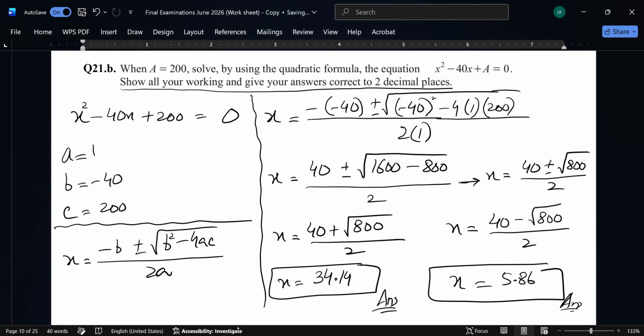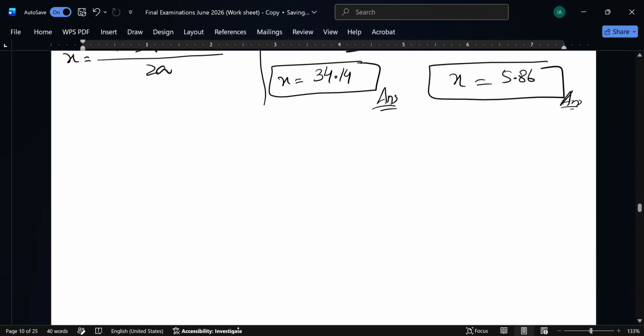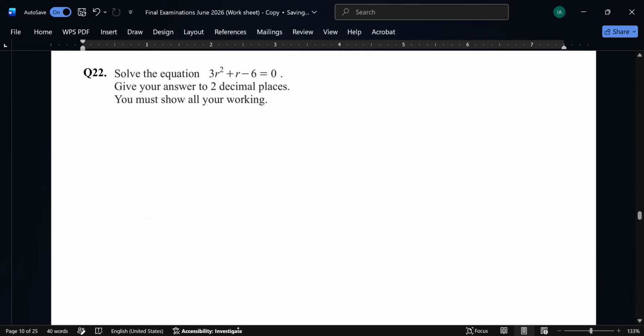Now, what is next? Again, we have a question. Yes, again, a quadratic equation. We need to solve the quadratic equation by using the quadratic formula. Although they did not mention it, the statement helps you in identifying. If you look at the question, we will find three items from this: a, b, and c.